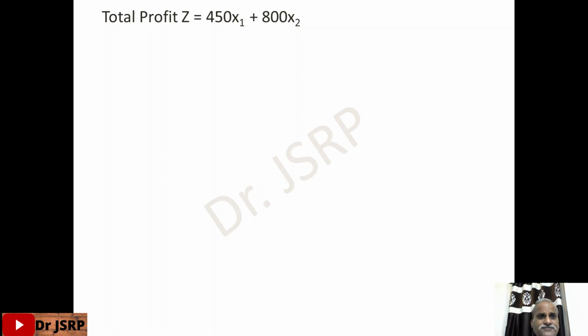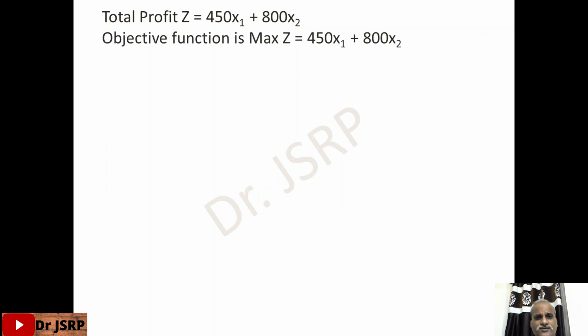So this is the objective function, which gives the aim or objective of the problem. Since it is profit, in general we try to get maximum profit. So the objective function is max z equals 450 x1 plus 800 x2.